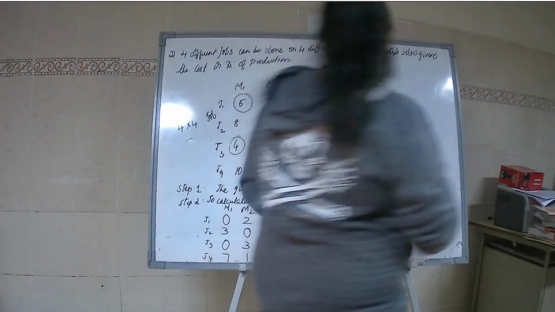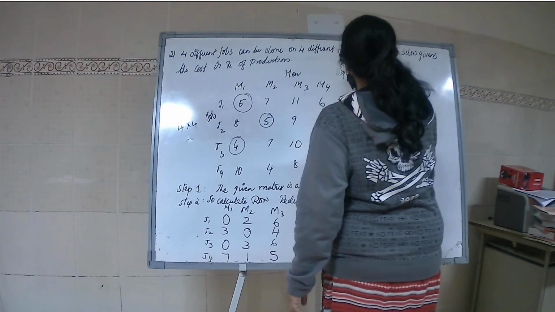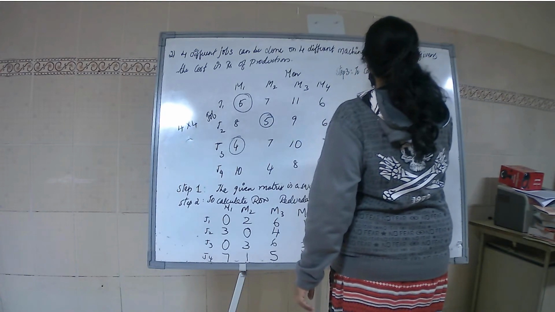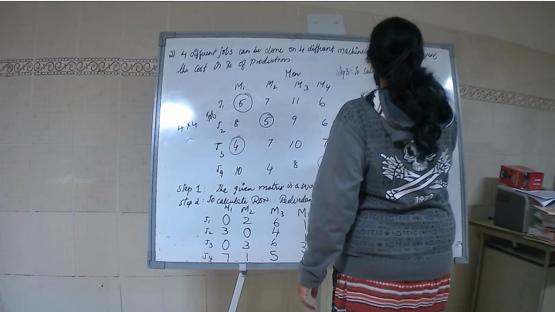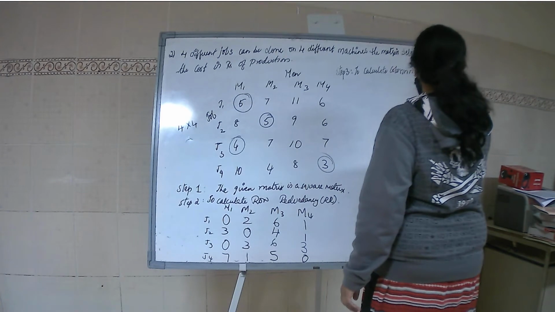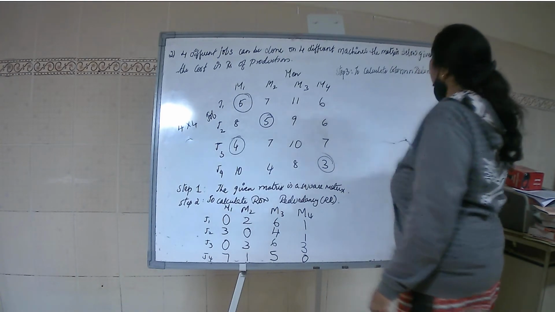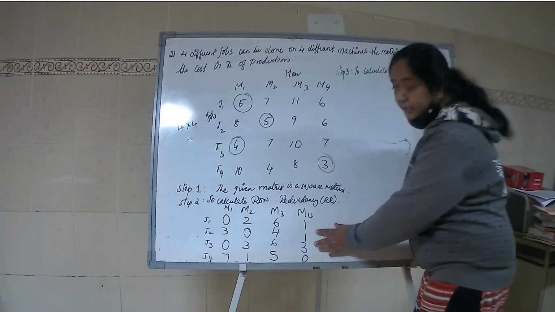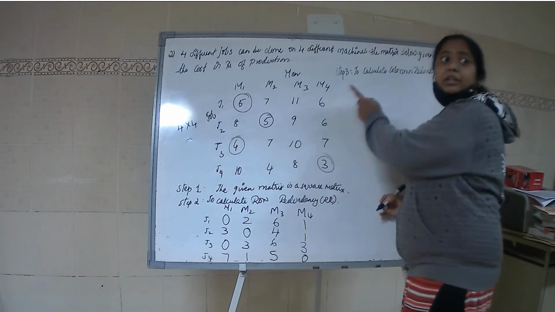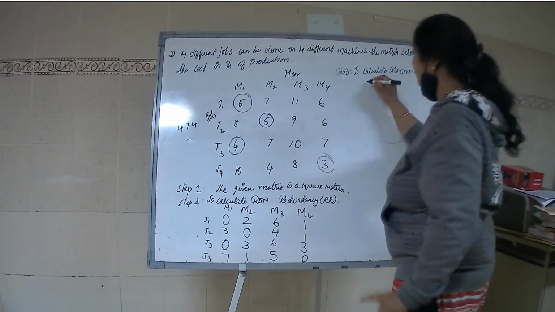Now the next step, step 3, which is nothing but to calculate column redundancy, which is CR. Here you have to take the previous matrix, this row redundancy matrix only, and using this you will calculate column redundancy.